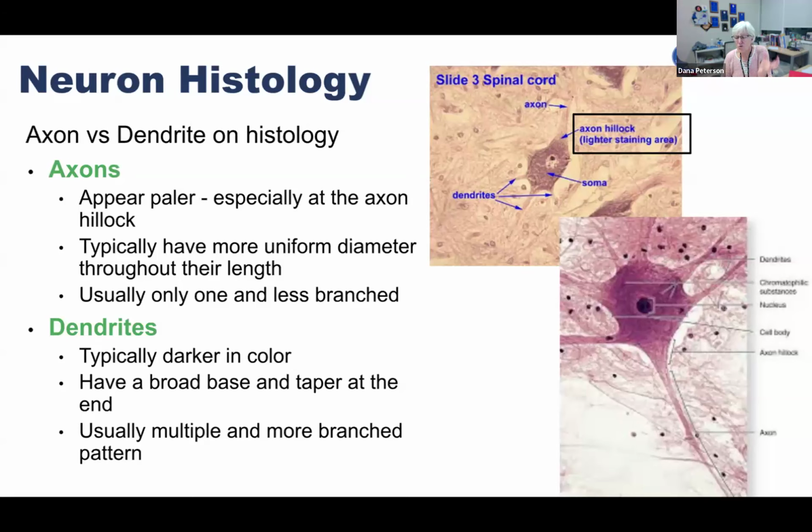It should be the longest one. It should be lighter staining, but you may not see all of it because this was a three-dimensional tissue sample, and we just cut a little slice off of it. That's the hard part of histology, I think.